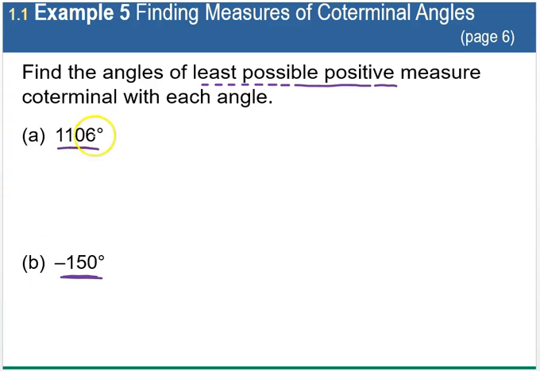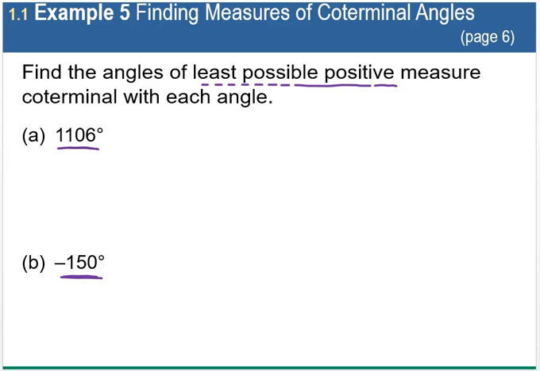So for this first one right here, we are going to subtract 360 three times. I know that because I've already figured this out for myself. But let's do that and see what we get.